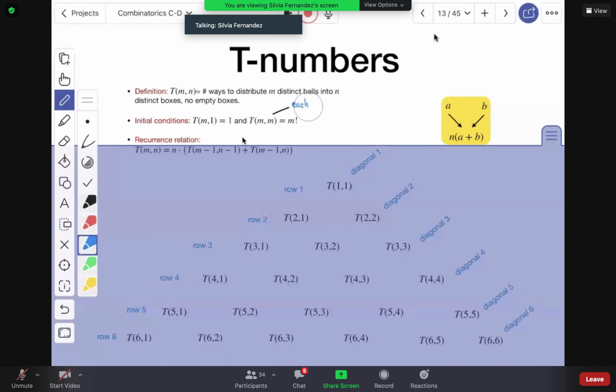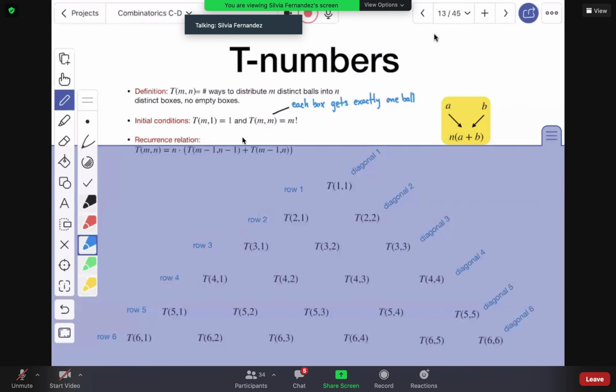And so how many ways can you distribute the objects then? You can position your m boxes and then just permute your objects. Every permutation gives you one assignment of one ball per box. So that's m factorial.